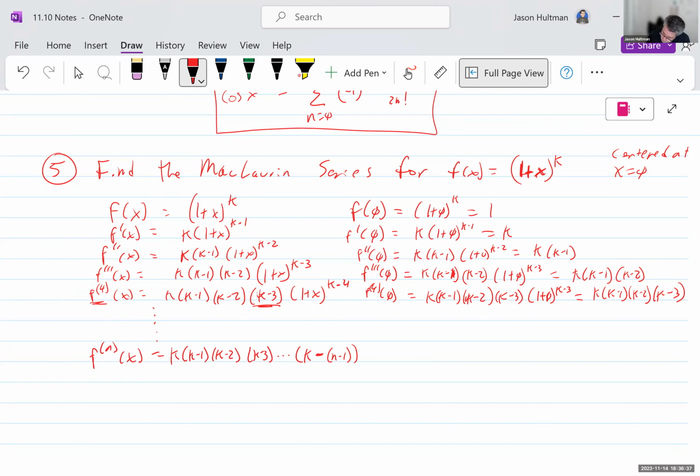So that would be n minus 1, and then it just will become 1 plus x to the k minus n power, right?